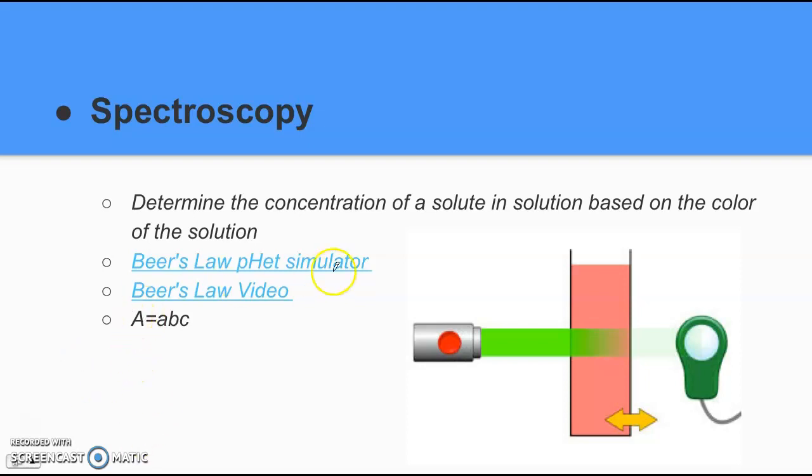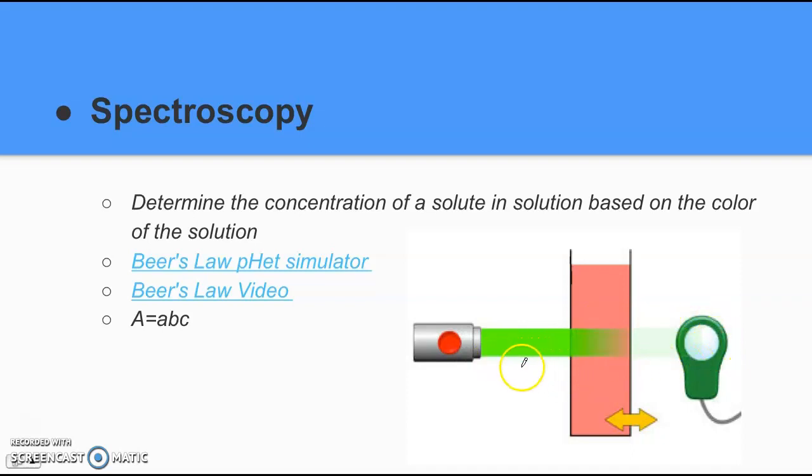With Beer's Law, this is the snapshot of the simulation that we did. You shine a light through a colored solution. The container for the colored solution is called a cuvette. You shine light through this colored solution, and then you have some sort of detector on the other side to figure out how much light goes through.